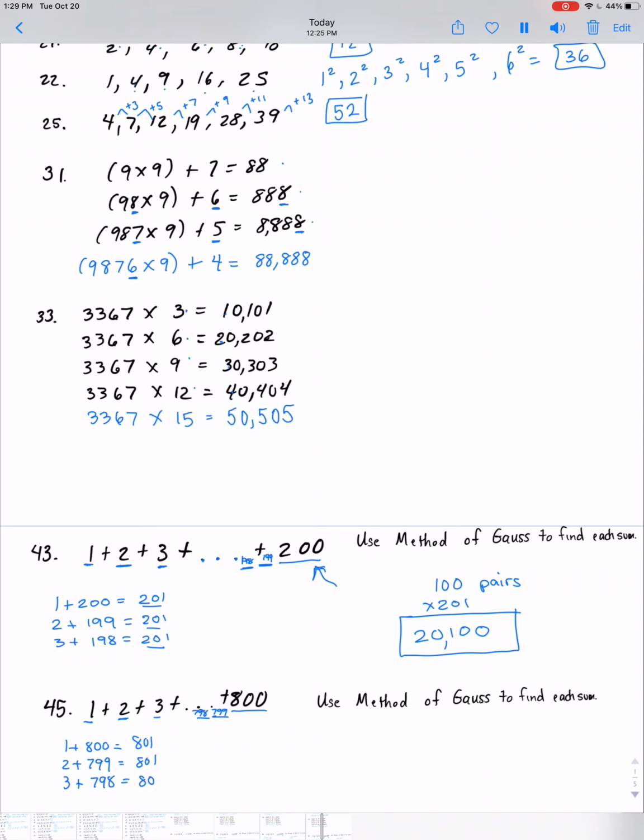And that's equal to 801. Alright, so we know each of the pairings is equal to 801, but then we have 800 terms altogether. If we pair them in twos, there's 400 pairs. Well, 400 pairs all equal 801. We can find out what that sum is going to be, and that's going to be 320,400.